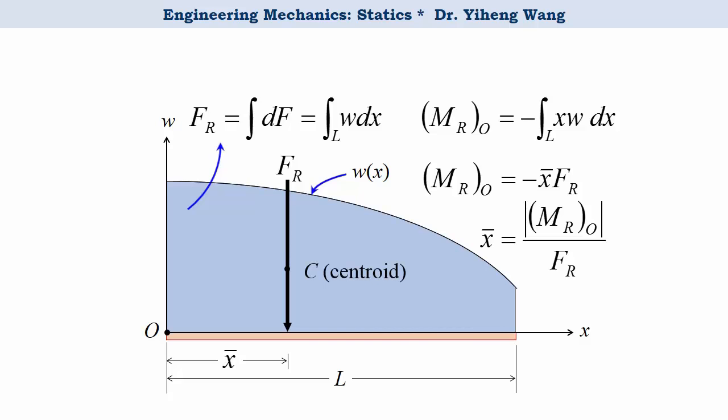Later we will learn that this force passes through the centroid point C of the area. Note that you can summarize the total moment of the distributed load about any other arbitrary point, but your calculation will still place the resultant force at the same location.